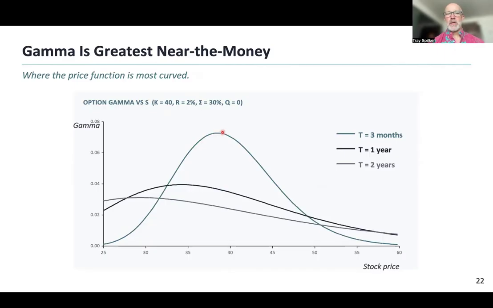So at the money, short time to maturity, you have the highest gamma. It makes this interpretation pretty concrete. If you look at the time to maturity of 2 years, there's not much going on in terms of changes in gamma. But as you approach maturity, and if it's at the money, your gamma is particularly pronounced.